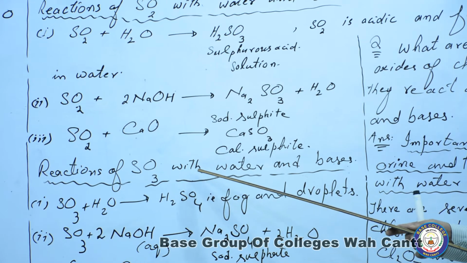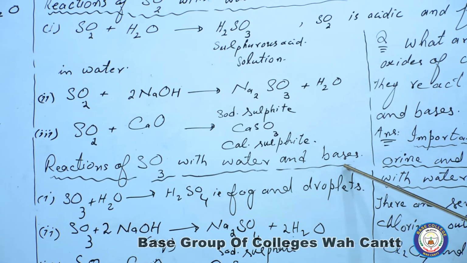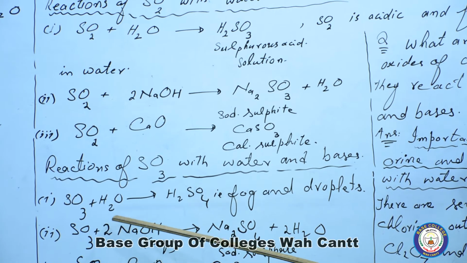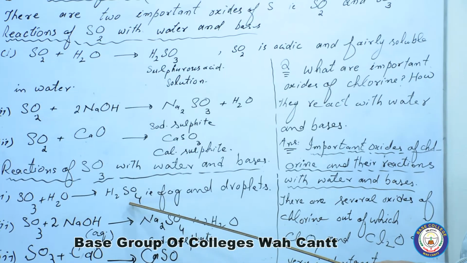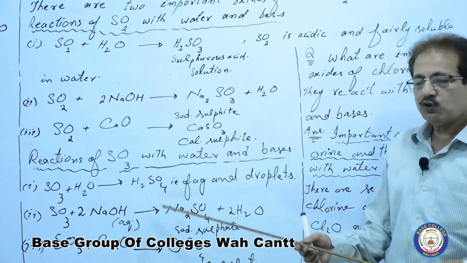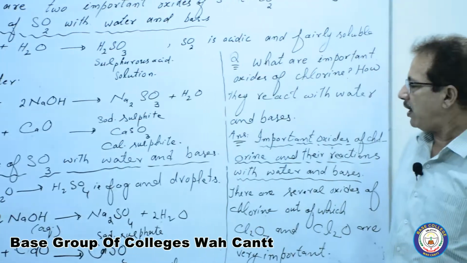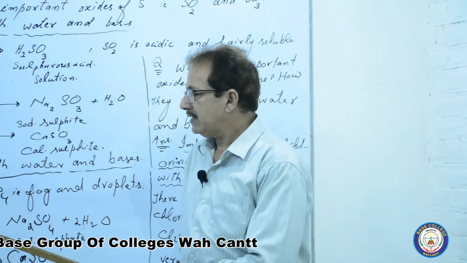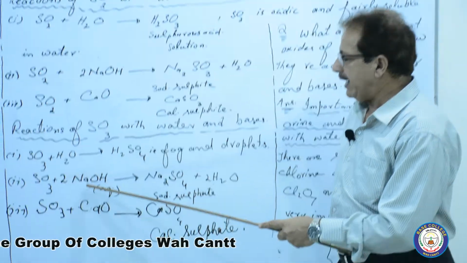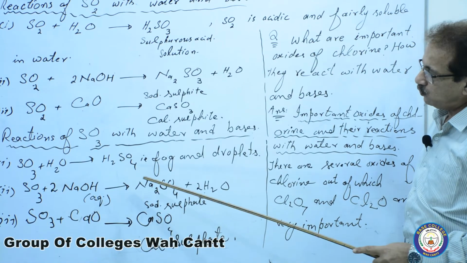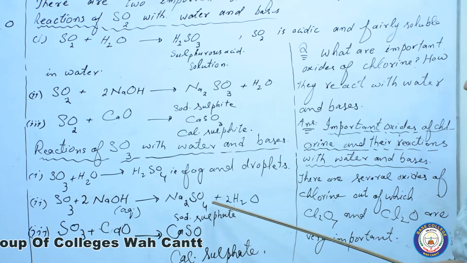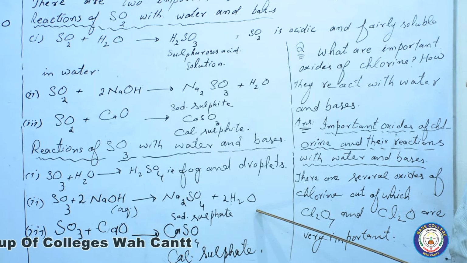Now the reactions of the other important oxide of sulfur, that is SO3, with water and bases. SO3 reacts with water to produce sulfuric acid, H2SO4, in the form of fog and droplets. The second one, SO3 plus 2NaOH aqueous, goes to form sodium sulfate, Na2SO4, along with water.